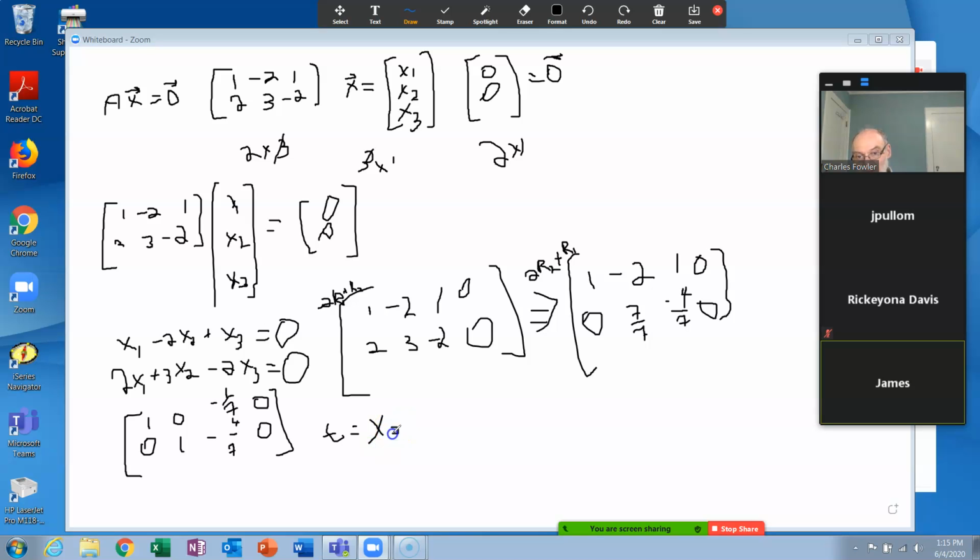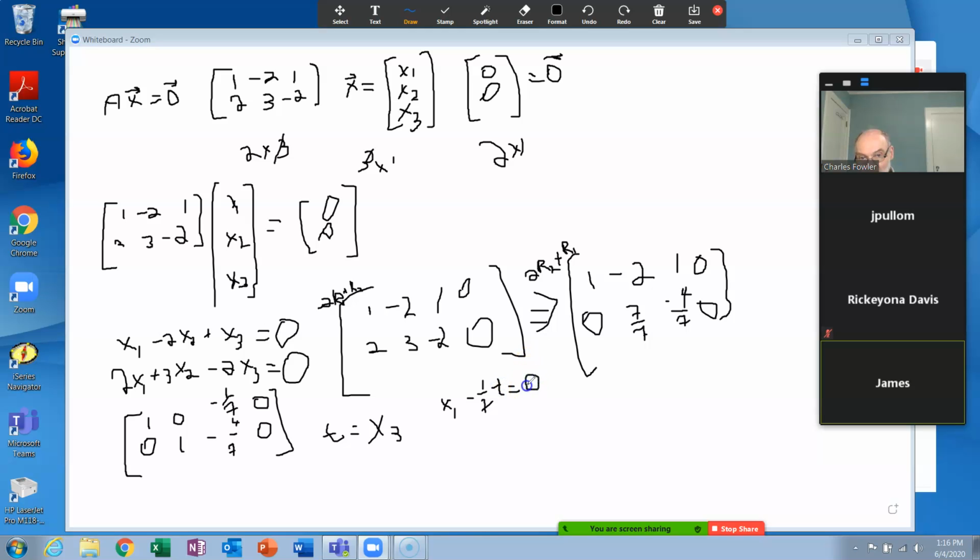That's what that third column represents, the coefficients of your third variable x3. So that makes x1 minus 1/7 t is equal to 0.